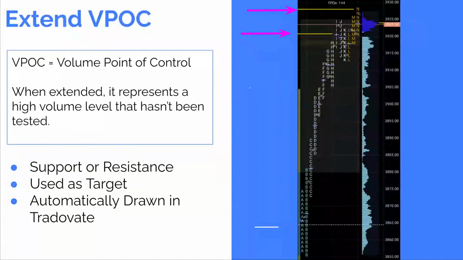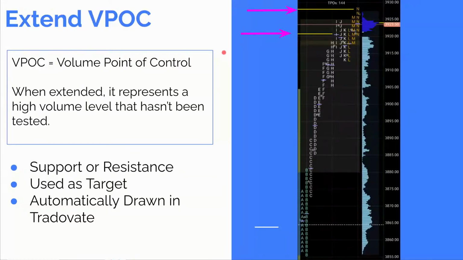Now, this gets back to one of the first graphics I showed on the singles when we were talking about the single prints. And what I want to show here is where you've got these magenta arrows, this volume point of control. That is something I use for targets, and they'll serve as support and resistance as well. So if I'm in a trade, I'll use it as a level to exit or take some off.